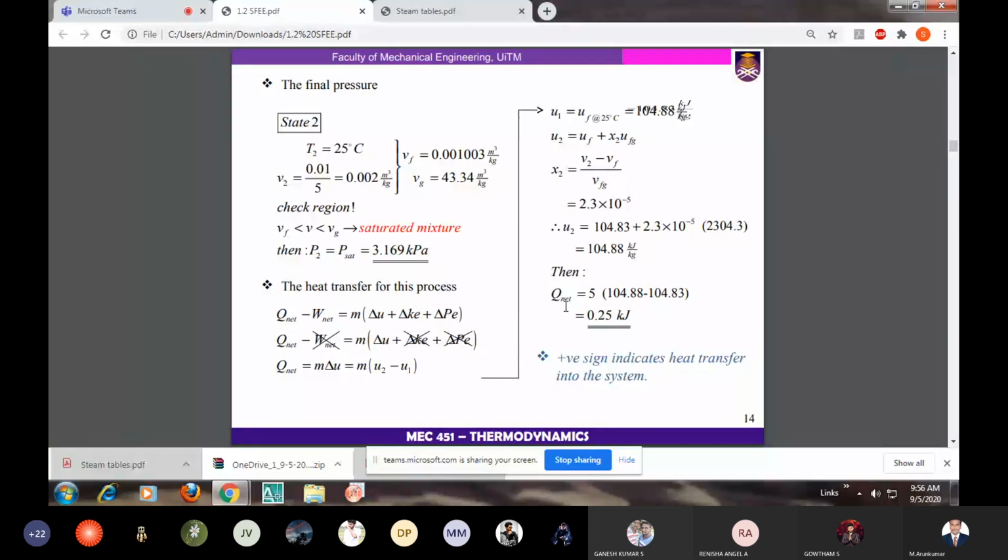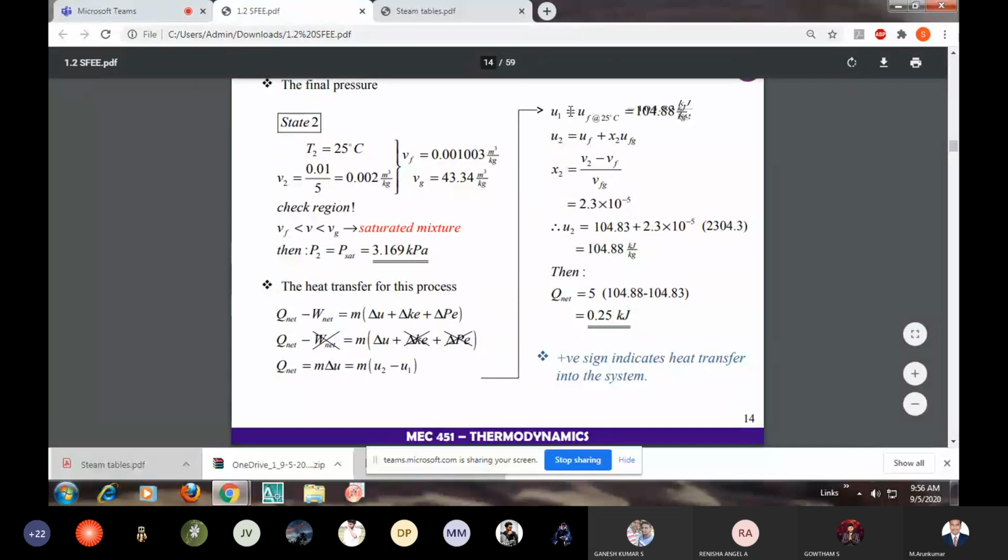This heat supplied to the system can be calculated by M into delta U, that is M into U2 minus U1. So we found the value U2 and we took the value from the steam table for U1. Then we can substitute. Then we can get the values. Q net is equal to 0.25 kilojoule.